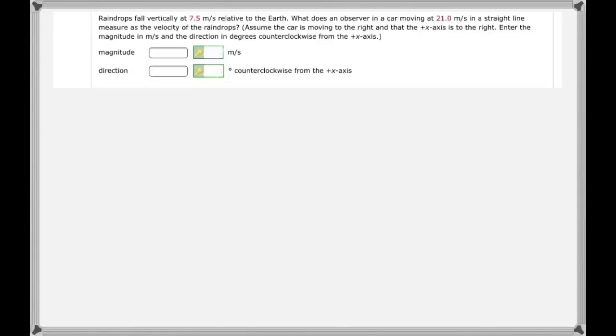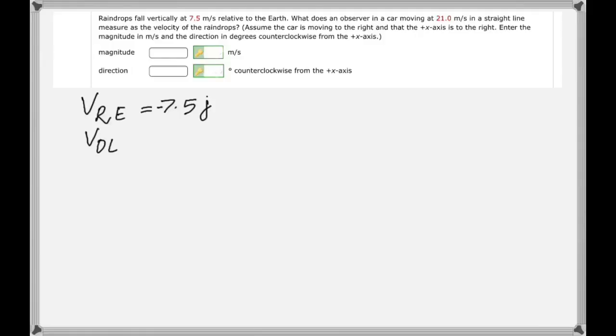So here what you have to know is you have the relative velocity of the raindrop with respect to the earth, and there's an observer in a car moving at 21 meters per second along the x-axis. So going by what I told you in the last question, the velocity of the raindrops with respect to the earth is given.